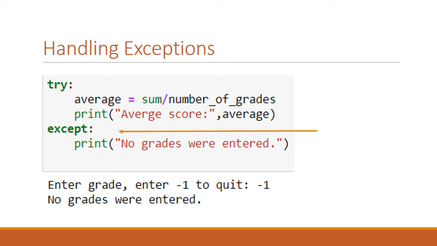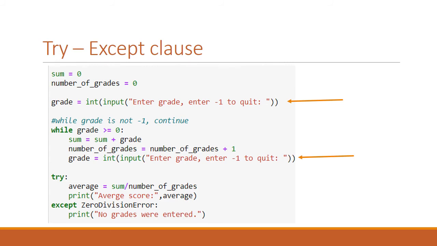Let's go back to our calculate grade average program. We've already talked about how we would handle division by 0 if the user enters a -1 as the very first grade. Now let's consider what happens if the user enters a letter grade instead of a numeric grade. So if you look at the statement, grade is assigned float, parentheses, input, enter grade, enter -1 to quit.